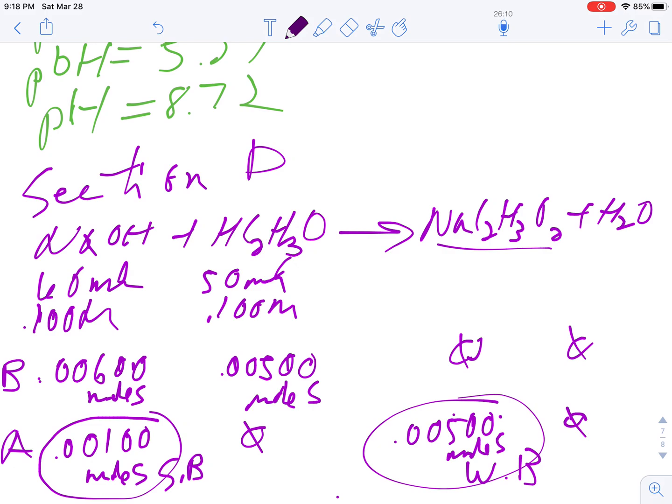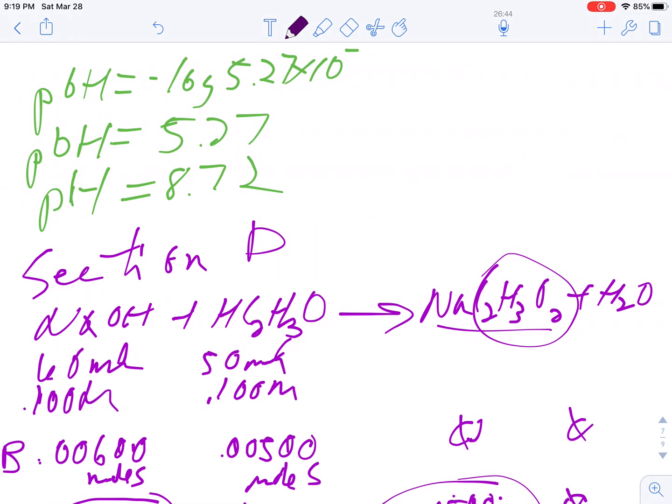The strong base does. So it's not important at all that we've got some of that salt floating around, unless the problem asks you to calculate its concentration. We don't have to take into account the weak base at all when calculating the pH. All we care about is the strong base. So that makes our problem a heck of a lot simpler.